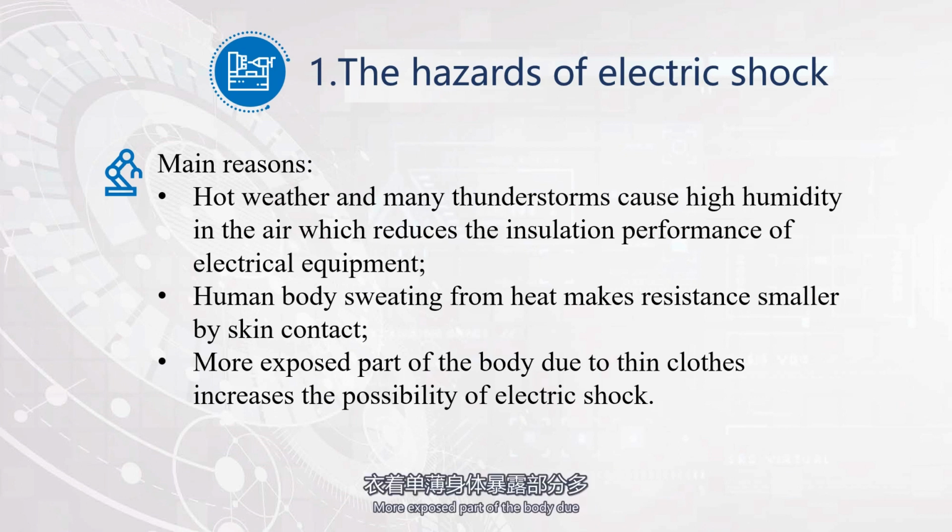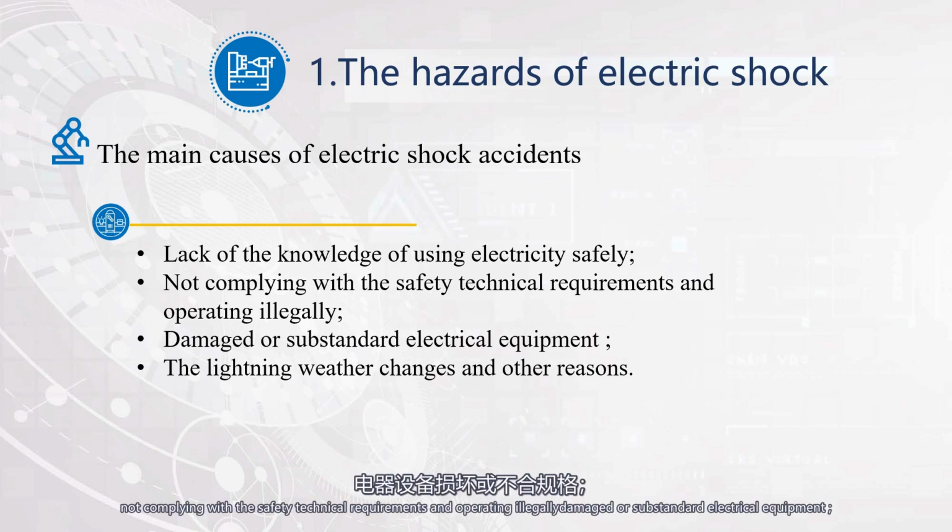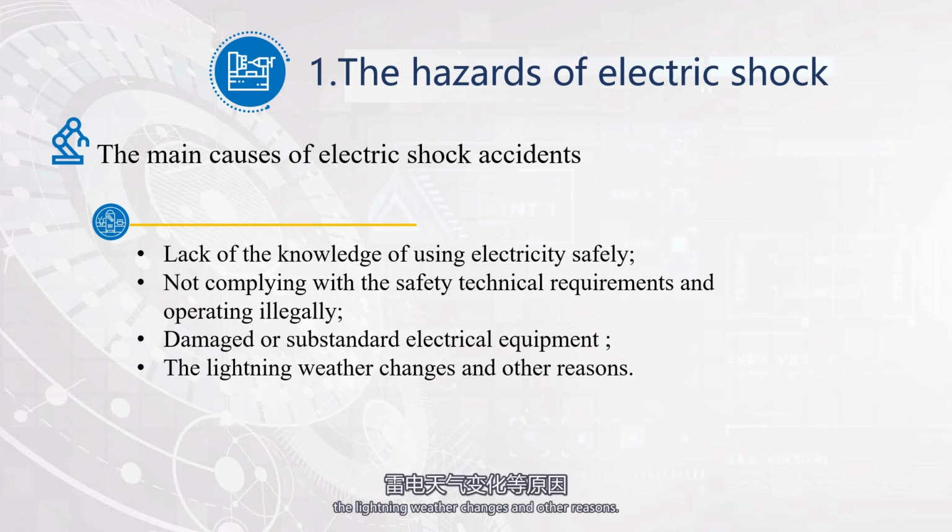More exposed parts of the body due to thin clothes increase the possibility of electric shock. The main causes of electric shock accidents are: lack of knowledge of using electricity safely, not complying with the safety technical requirements and operating illegally, damaged or substandard electrical equipment, lightning weather changes and other reasons.